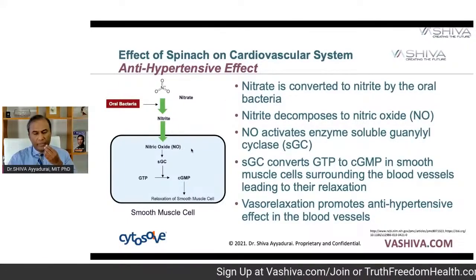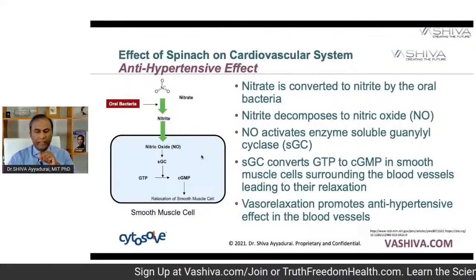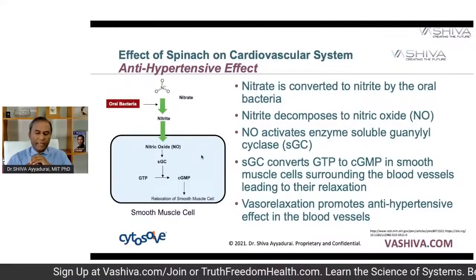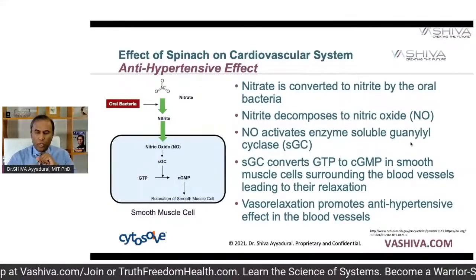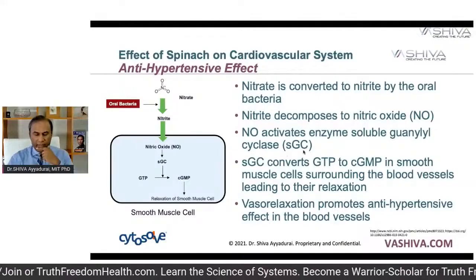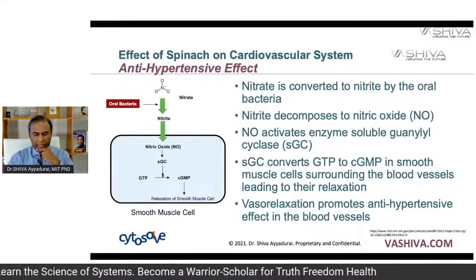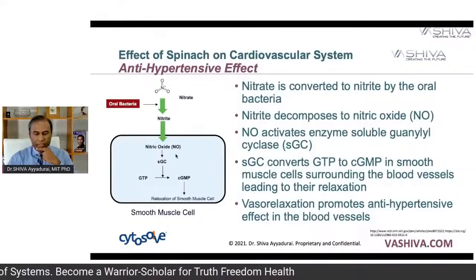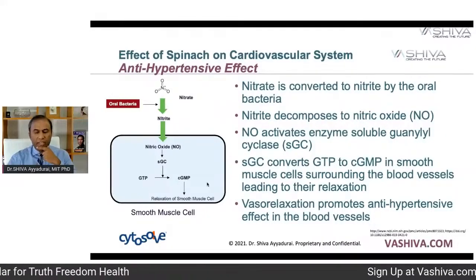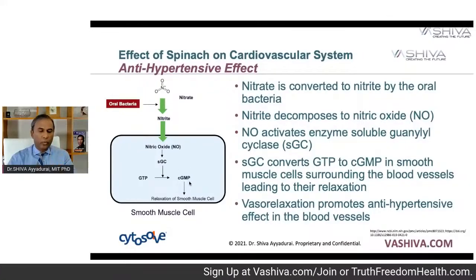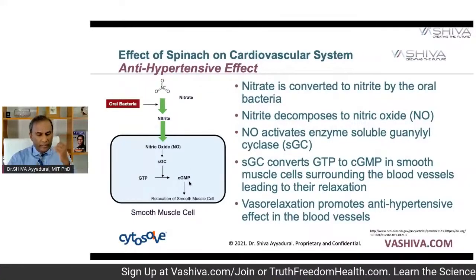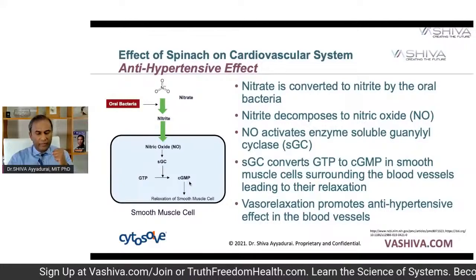And when you have nitric oxide right here, this activates an enzyme called guanylyl cyclase, sGC, soluble guanylyl cyclase to be accurate. And sGC, in the presence of nitric oxide, converts GTP to cGMP. And cGMP is extremely important. You want to have that if you want not to be hypertensive, right?